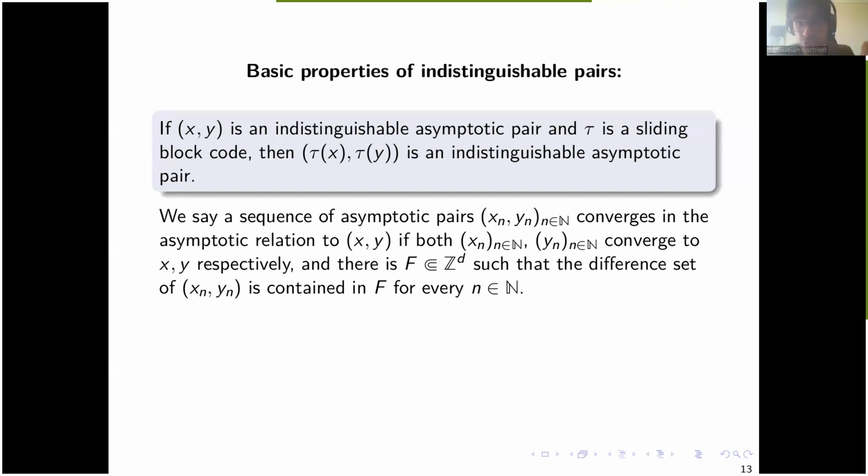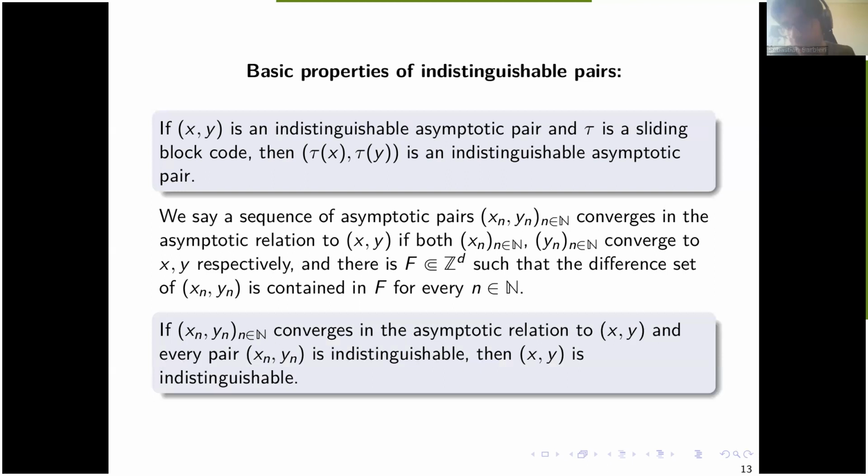So this is some notion of convergence slightly stronger than just convergence on each coordinate. And with this notion, limits of indistinguishable asymptotic pairs are also going to be indistinguishable asymptotic pairs. So this notion is kind of stable under most of the things that one would do in symbolic dynamics.